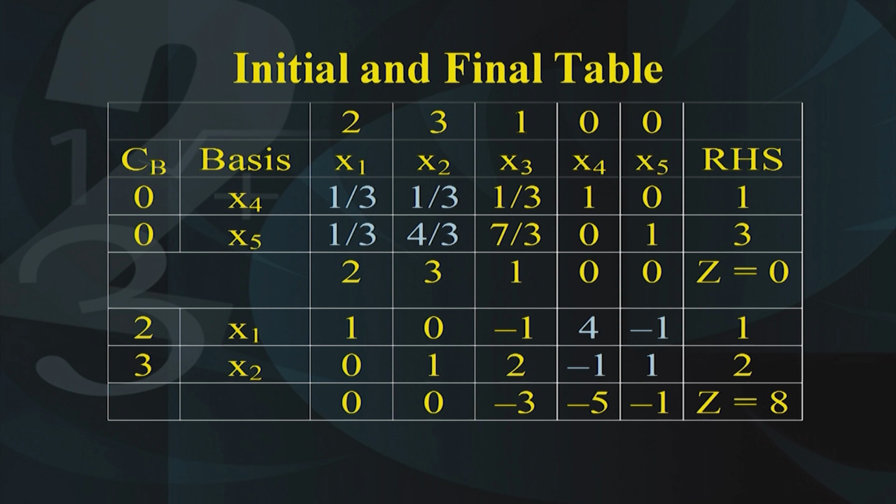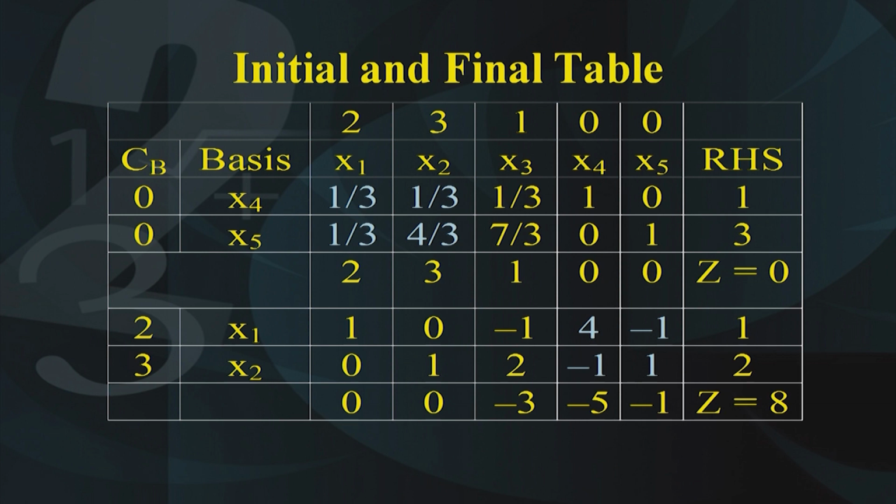So, it goes to the first column, and we have the columns under x1, x2 etc. 1, 0, 0, 1, minus 1, 2, 4, minus 1, minus 1, 1 and 1 and 2. And the objective function value, that is the cost, that is the profit, is equal to 8.